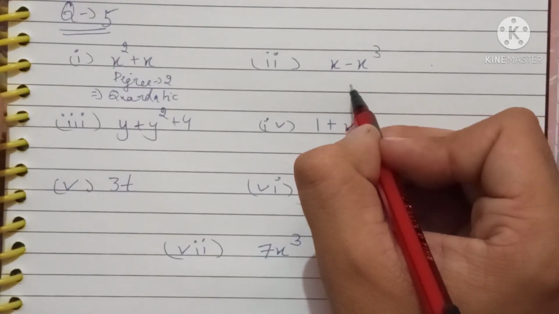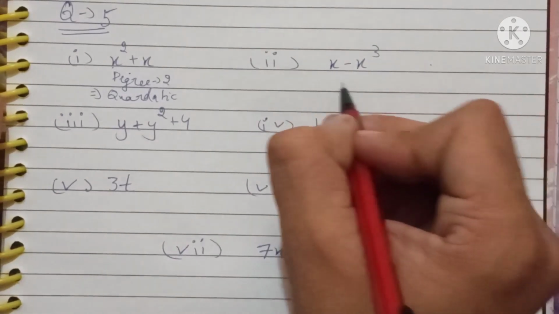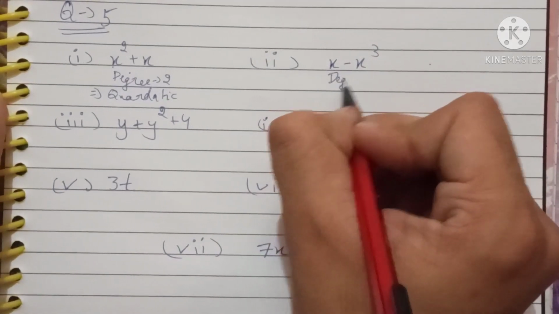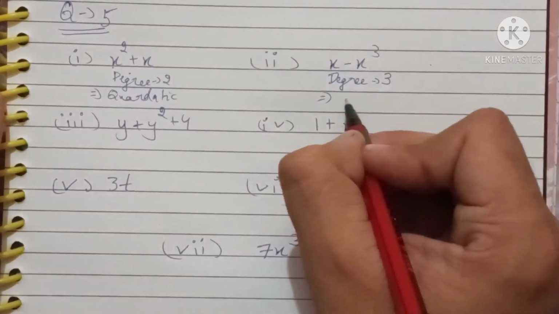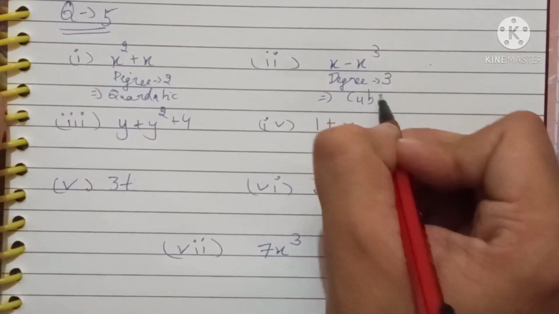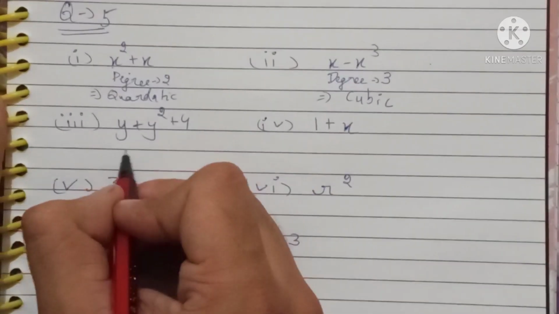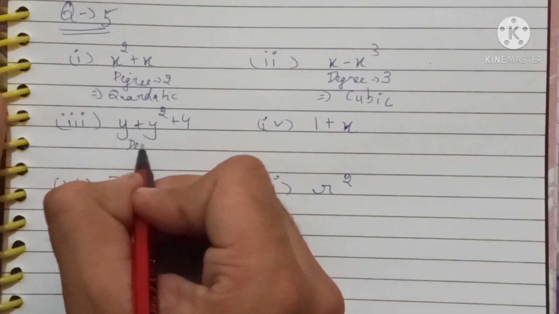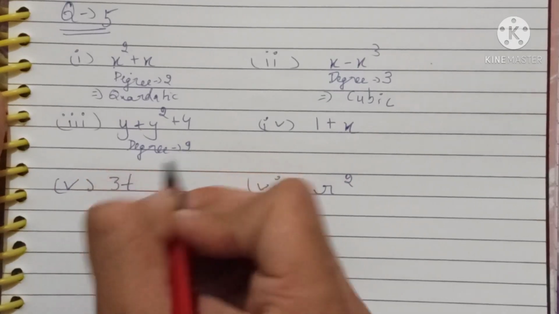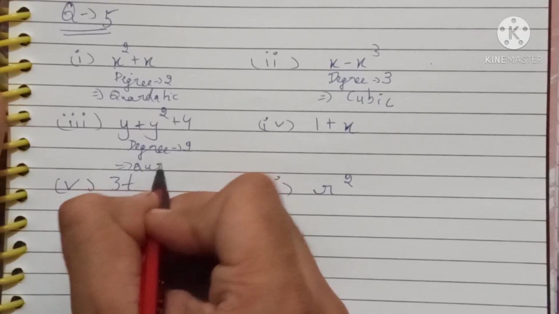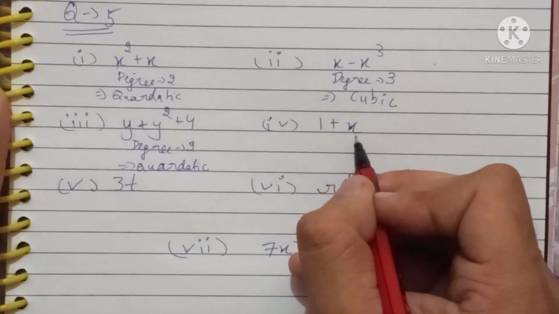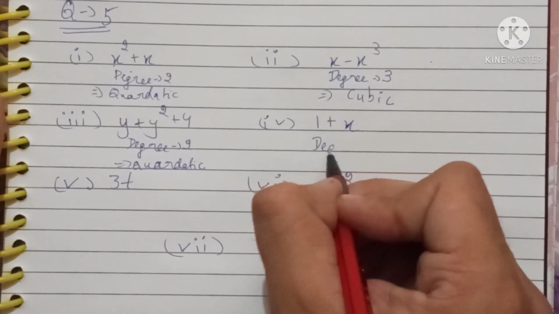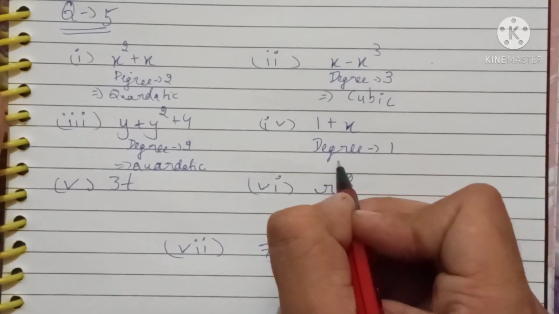Now, the second one. For this, what is the degree? Degree for this polynomial is 3. Therefore, it will be called cubic. Its degree is 2, so it would be called again quadratic. Now in the fourth part, the degree is 1, so you would call it linear.